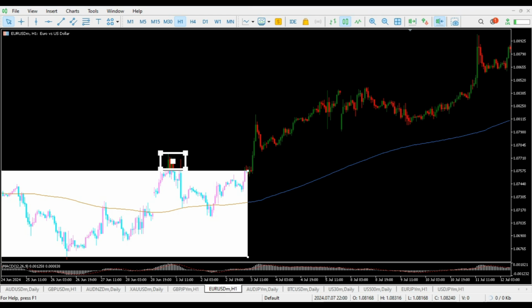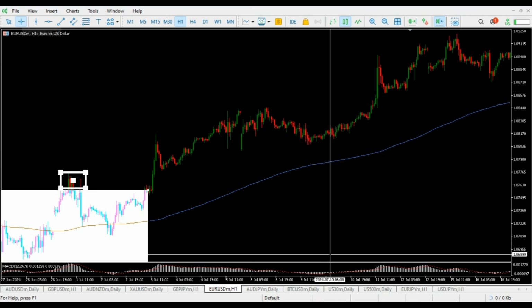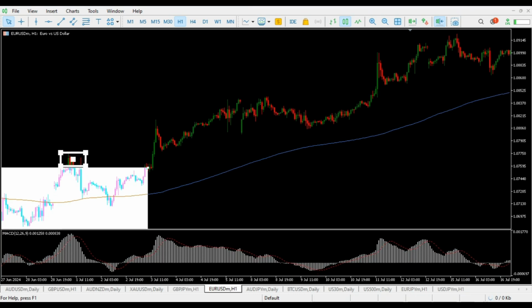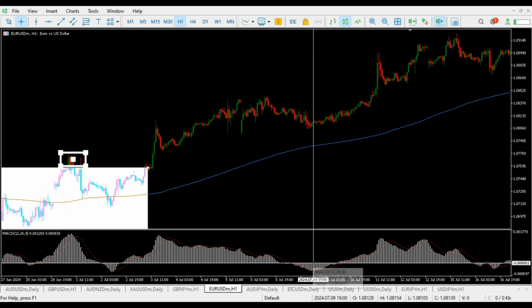So if you put your eye on the MACD, the moving average convergence divergence indicator down below here, let me highlight it a little bit. The MACD turned negative, as I told you. The MACD has a zero line, which is in the middle of these bars.